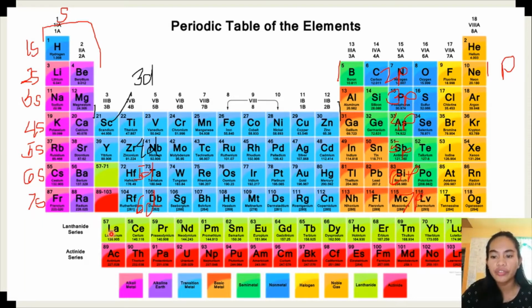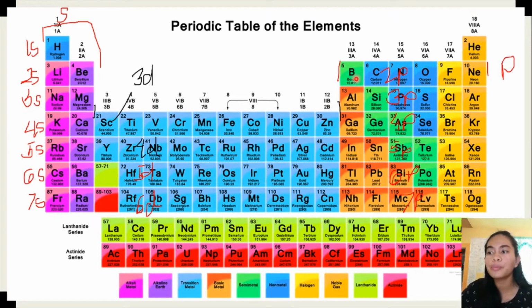So let's start from 57. So 5d1, 5d2, 5d3, 5d4, 5d5, 5d6, 5d7. So iridium is located on the 5d7. It means that there are 7 electrons on the outer shell of iridium. Okay, understood?